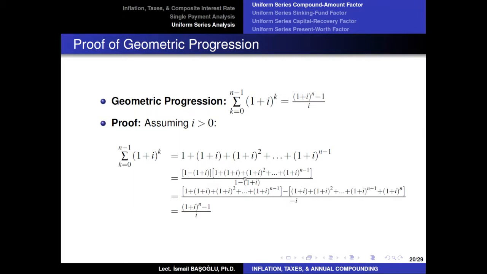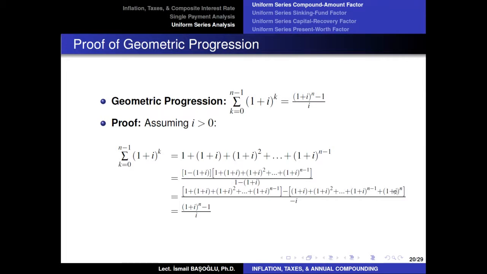When you multiply this series by 1, you are going to get exactly the same series. And when you multiply this series by −(1 + i), you will get a minus sign first. Then every term here is going to be multiplied by (1 + i), and your series will become a summation starting from (1 + i), increasing the power up to n.